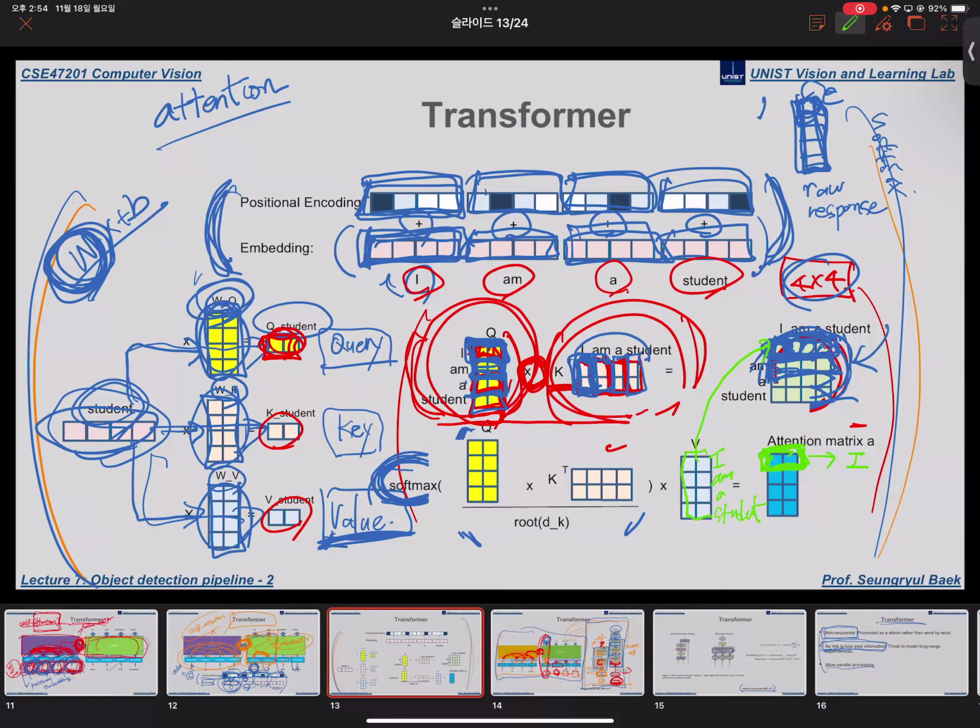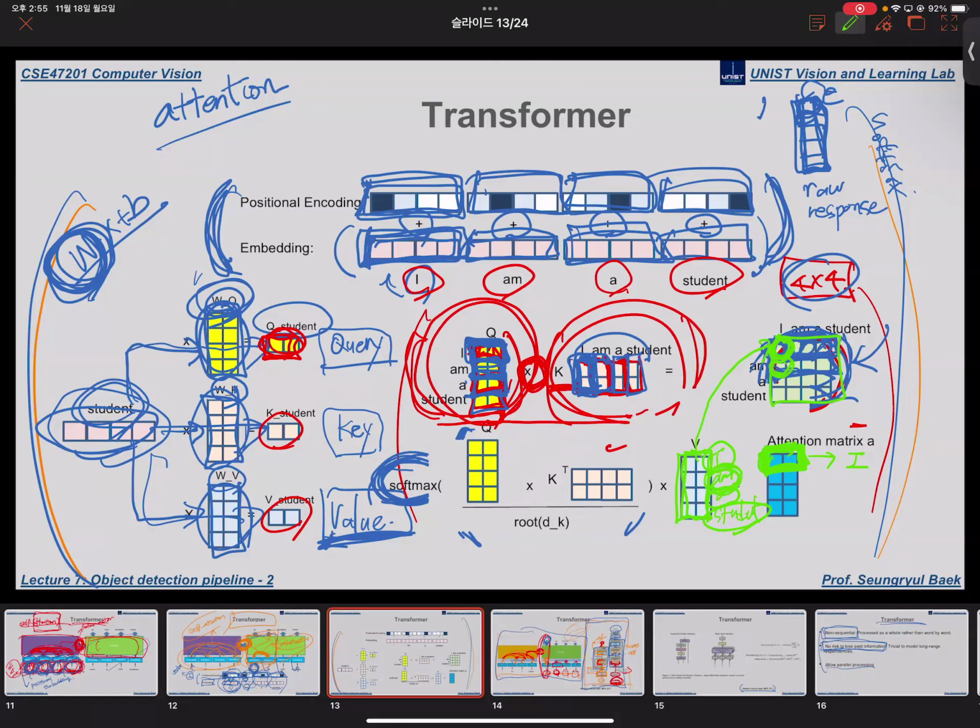This is a value feature. And for getting the final feature for I, you will multiply this value feature with this kind of affinity matrix between the inputs. And actually getting this I feature, you will multiply these four value features with their similarity to the I word.